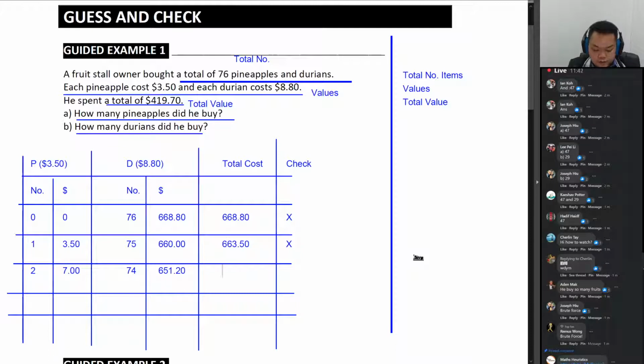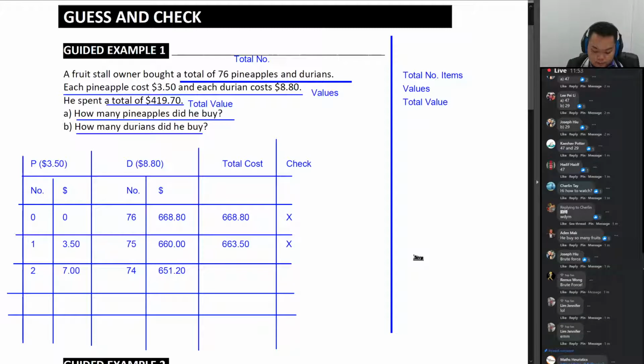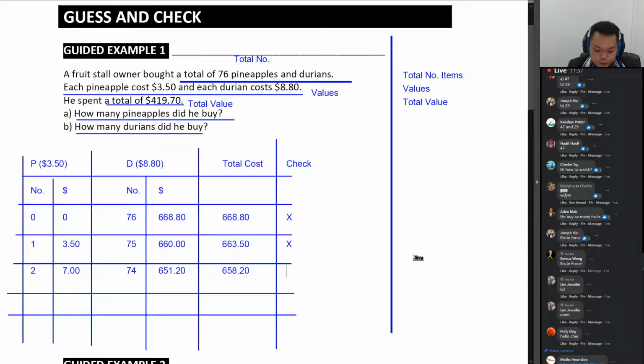Okay, you will see that there will be several failed attempts if you try to do it this way.